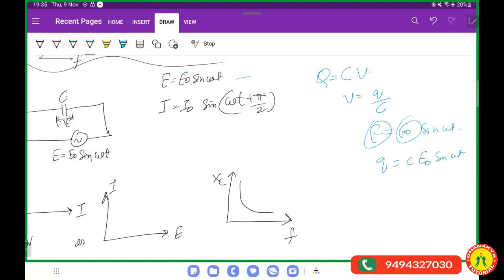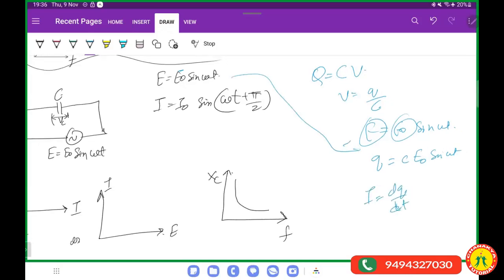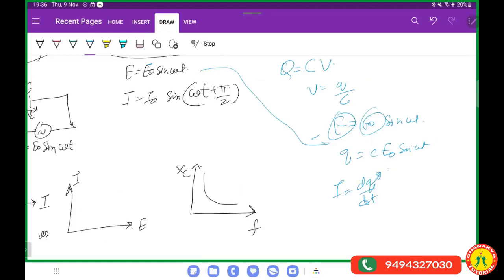From here, we know I equals what? dq by dt. Then if we substitute this and differentiate, we can get this value directly.